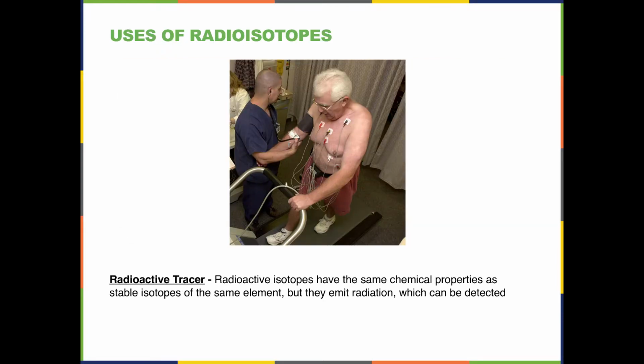Now, in medicine, we use radioactive isotopes a great deal to do various types of tests. A radioactive tracer is essentially an isotope that has the same chemical properties as a stable isotope of the same element. So, for example, you have a radioactive isotope of, say, iodine.